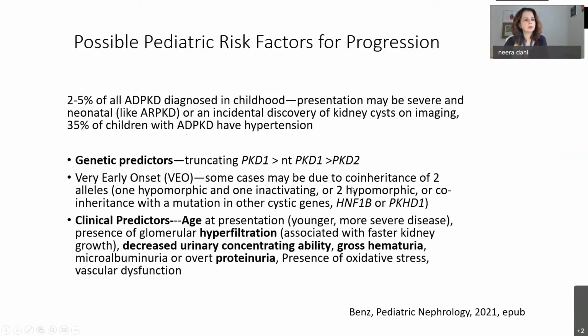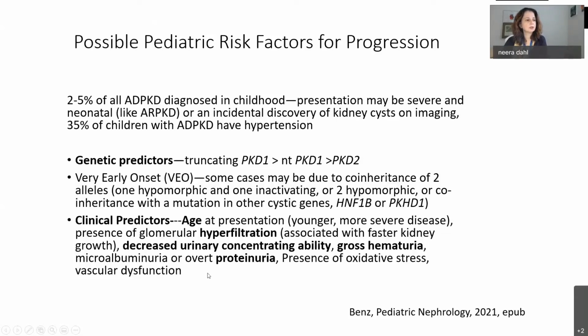And some interesting genetic information is emerging from this, in that it could be that there's co-inheritance of two alleles, one that's hypomorphic and one that's inactivating, or two hypomorphic alleles, or co-inheritance of a PKD1 or PKD2 mutation with another gene that causes kidney cysts, such as HNF1 beta or PKHD1.